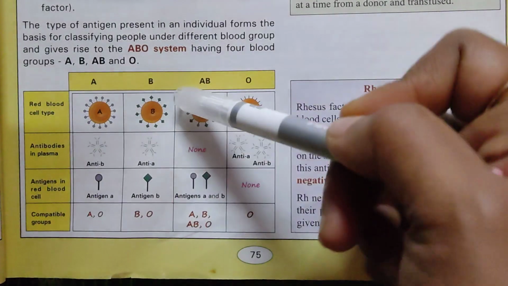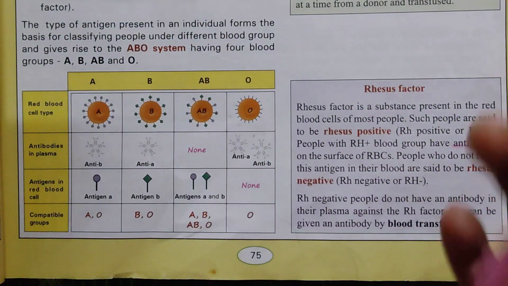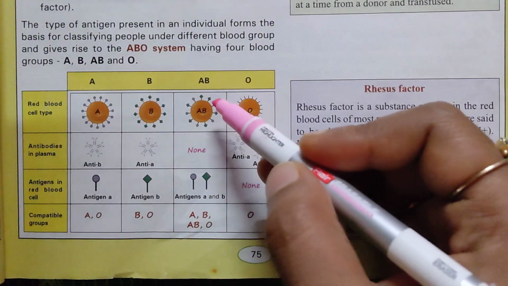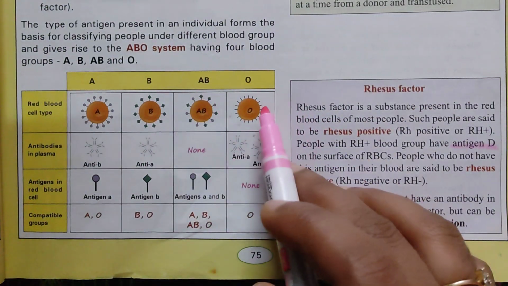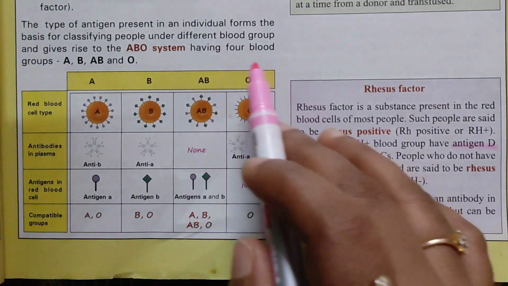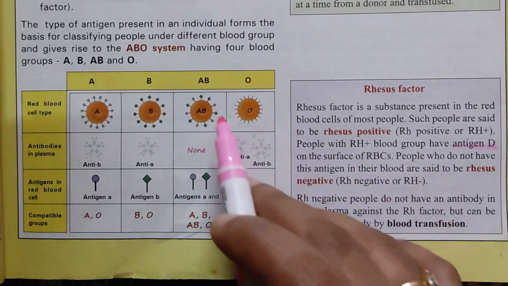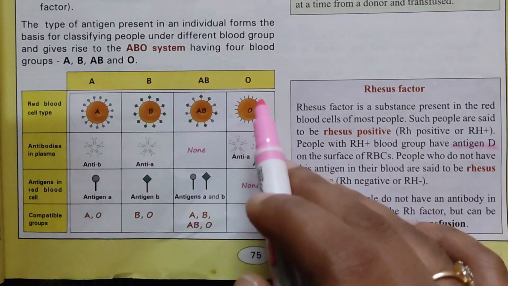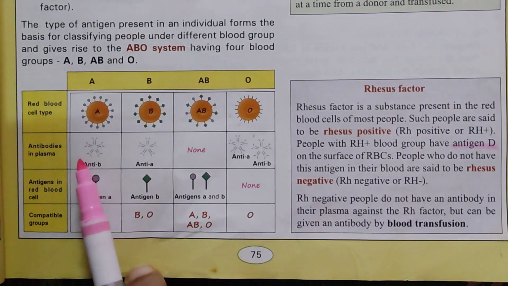This one is having a different type of antigen, which is antigen B. This is having both the antigens. Here you are having antigen A, here you are having antigen B. So that's why this is called AB. But in O, you don't find any kind of antigen, neither A nor B. Understood?